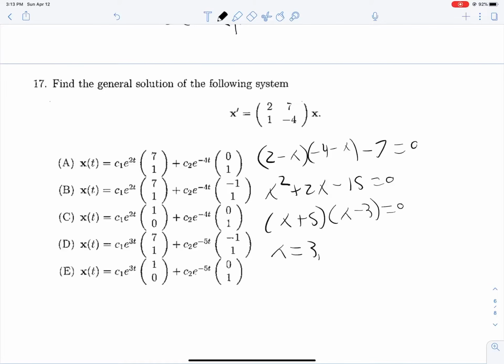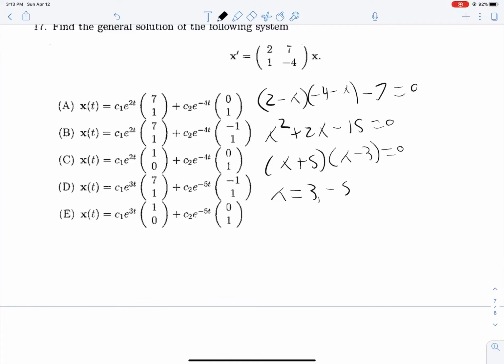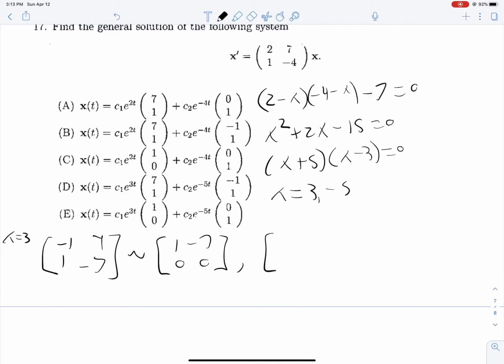Lambda is equal to 3 and negative 5. Plugging in lambda is equal to 3 to A minus lambda I, that will give us negative 1, negative 7, 7, 1. Simplifying this down, 1, negative 7, 0, 0. So we get an eigenvector, 7, 1.